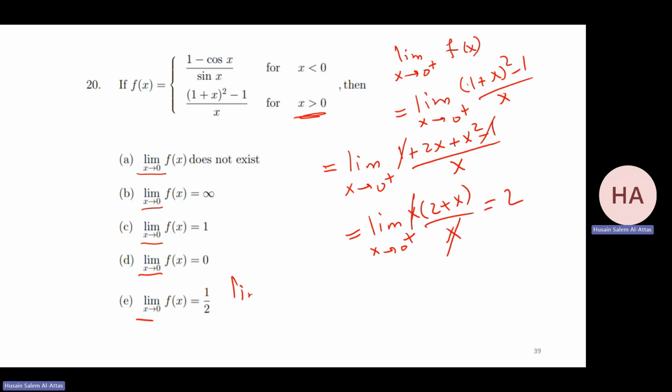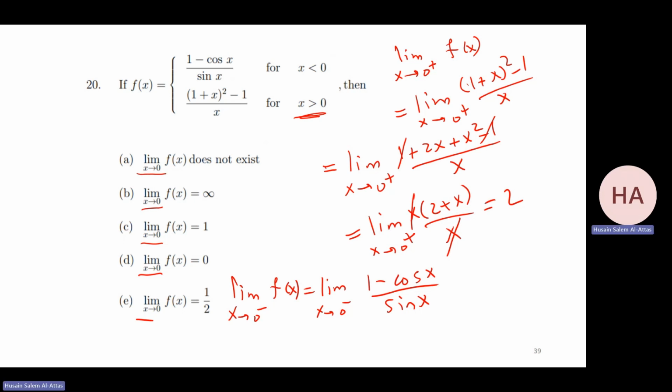Now limit x goes to 0 from the left for the same function. It means limit x goes to 0 from the left of 1 minus cosine x over sine x. It seems we're talking about special limits here. So what shall I do?